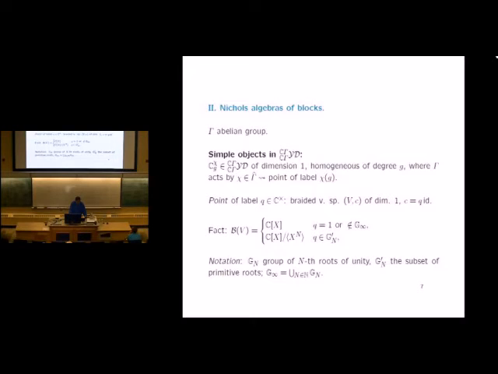And we know that this Nichols algebra is either a polynomial algebra in one variable whenever q is 1 or is not a root of unity, and if q is a primitive root of unity of order n, then the Nichols algebra is a truncated polynomial algebra at x to the n. So this is known, and for later use I will use this notation. G_n is the group of n-th roots of unity, G'_n is the subset of primitive roots, and G_infinity is the set of all roots of unity.